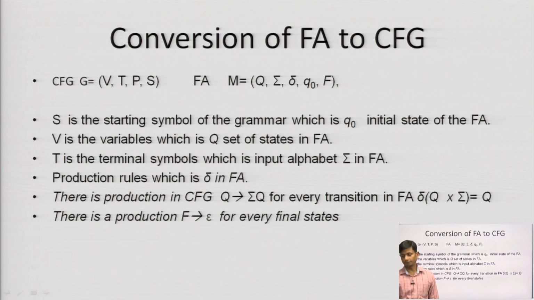For every transition in the finite automata, delta of Q and an input symbol gives Q', then there is a production Q to input symbol Q'. Then for every final state in the finite automata, there is an epsilon production in the context free grammar. So, let us take an example and do one.